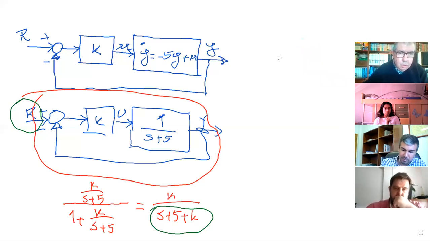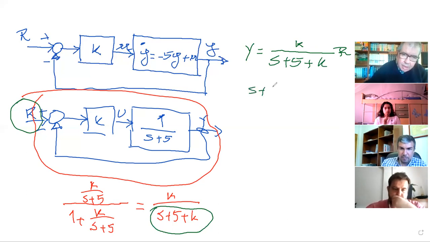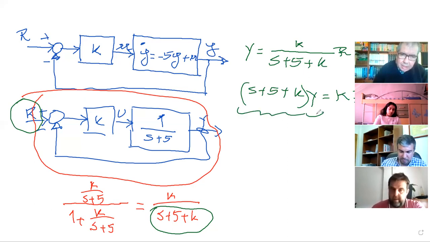Just to convince you, Y is equal to K R over S plus 5 plus K. And this is the story that influences stability.